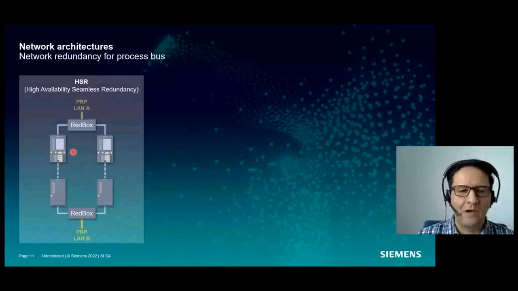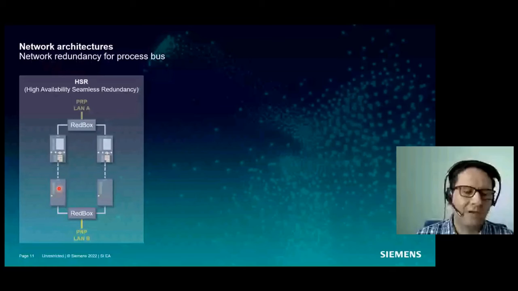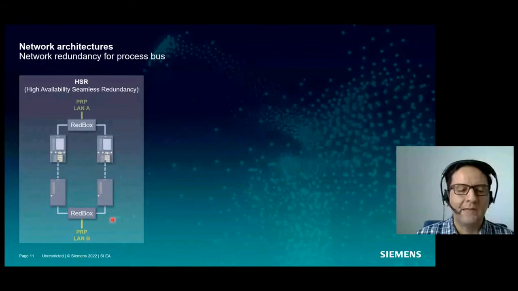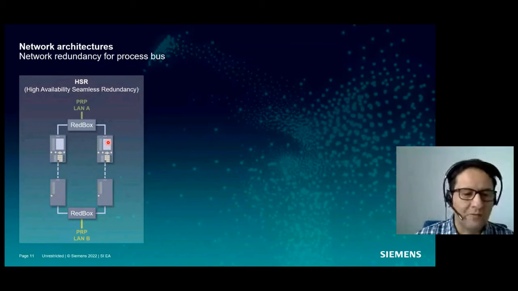That means, for example, main protection one with merging unit one in one ring, and maybe also the control application with the bay control unit, and in another ring, for example, protection two.